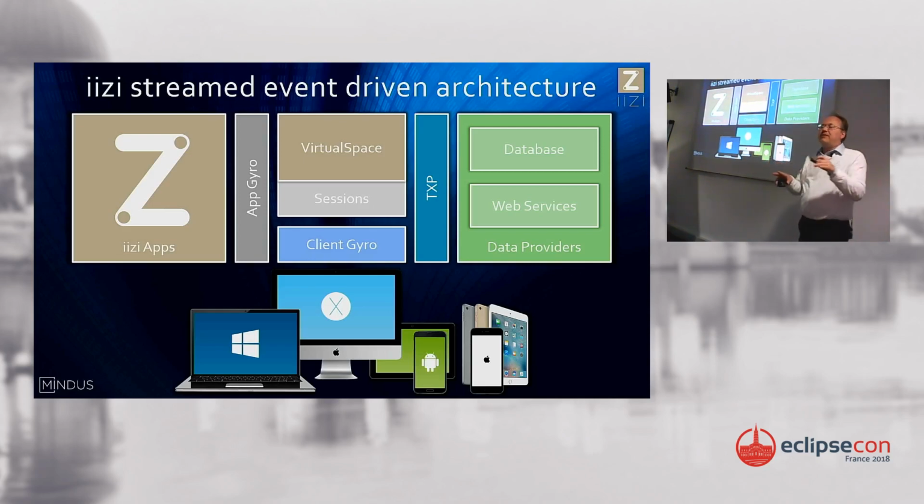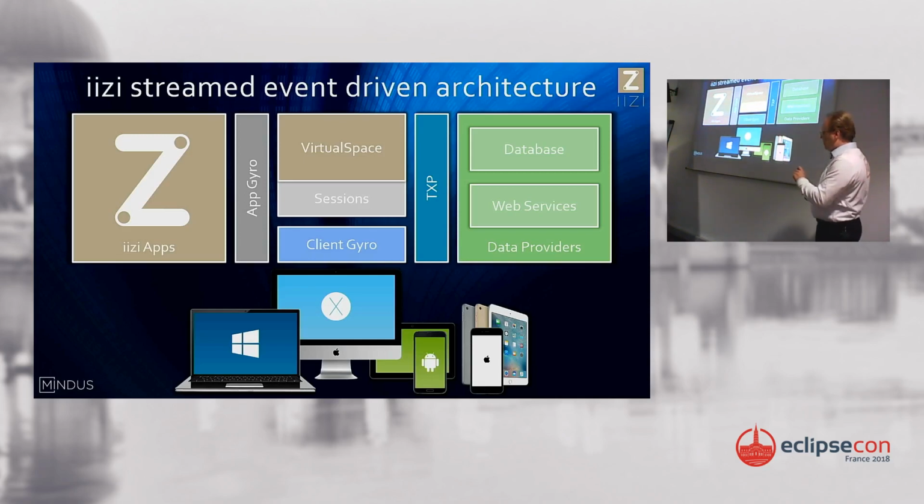We call it client gyro because it's the stabilizer that makes the clients work well and stabilizes them. On the left-hand side, you've got one or several iiziApps, which have an app gyro, which controls that the apps are working well and keeps them steady.